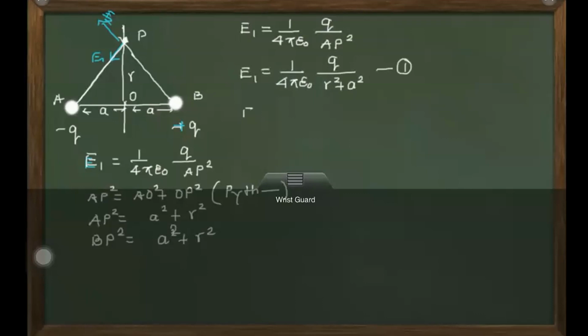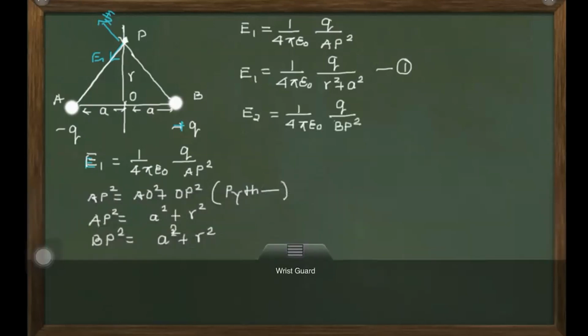Now, E2 will be 1 by 4 pi epsilon naught Q divided by BP square. When we put the value of BP, E2 is equal to 1 by 4 pi epsilon naught Q divided by R square plus A square. This is equation number 2.